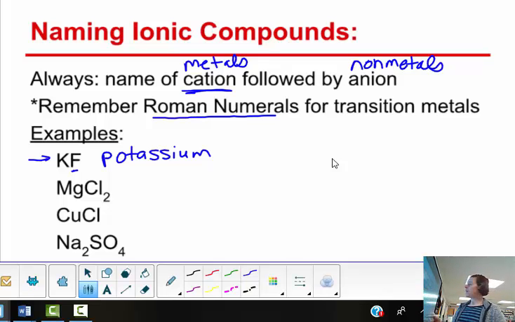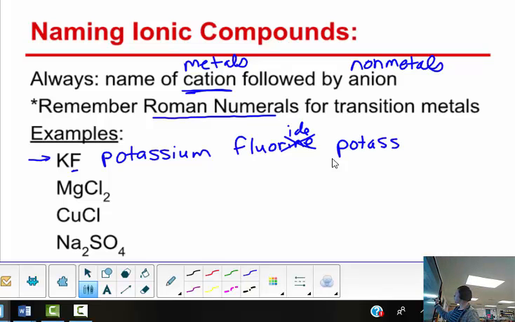F is fluorine. But oh, wait, no. Remember when we name ions, we change the ending to IDE. Okay, so this is going to be potassium fluoride.